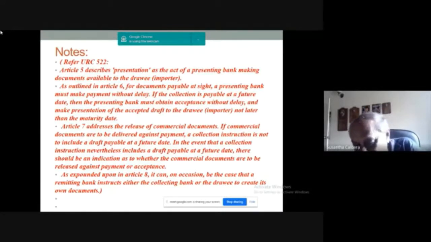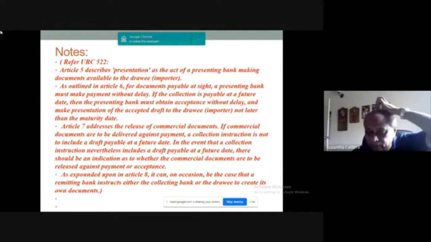Even though the draft is there, no way. If the instructions are given to release the documents against payment, then only DP. If there is any conflict in the instructions given, you have to stick to DP.